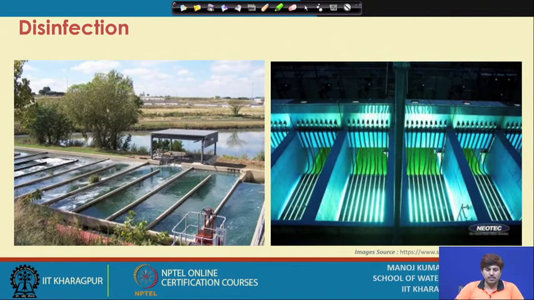So these are a couple of images. A typical chlorine contact tank will look like this. This is a baffled system. We add chlorine here and let the water flow through these baffles, and in the residence time, say if 30 minutes is needed, in 30 minutes we will ensure the disinfection. A UV irradiation basin will look like this, where water can be exposed to the UV radiation and that way disinfection can be achieved.